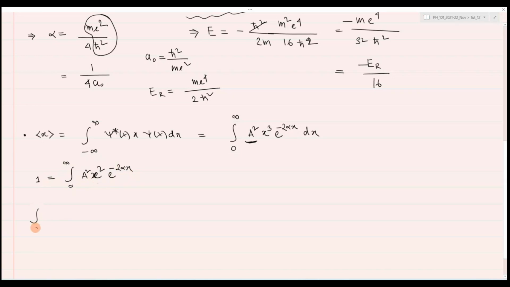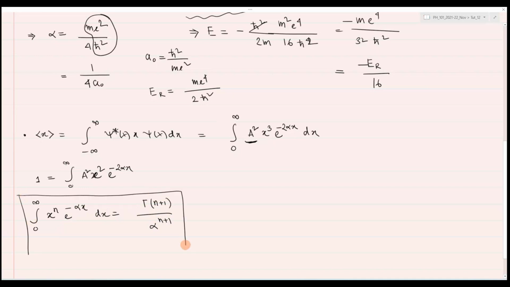Last time we got this: integral from 0 to infinity of x to the power n e to the power minus alpha x dx is equal to gamma of n plus 1 by alpha to the power n plus 1, correct? Yes, so this integral we will use.